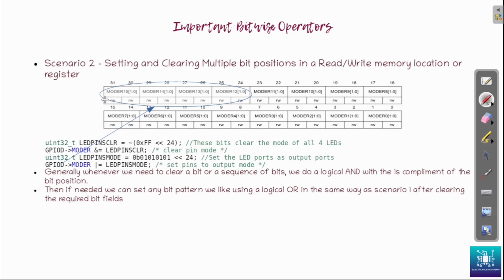In this register, which is a register to set the mode for GPIO out, this is actually for the LEDs that we have on the discovery board, and these are the 4 sets of fields, each comprising 2 bits, that we need to set in order to configure the LED ports, that is the ports which we will be using to switch on and switch off the LEDs.